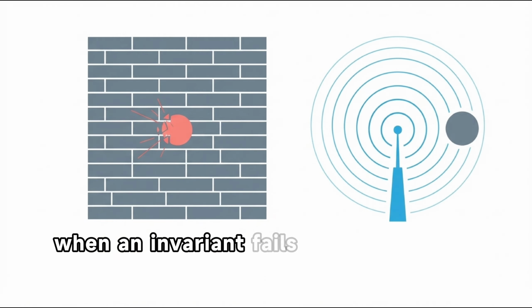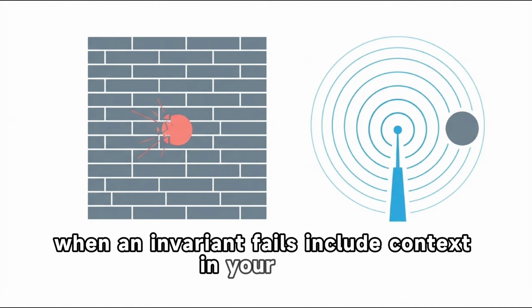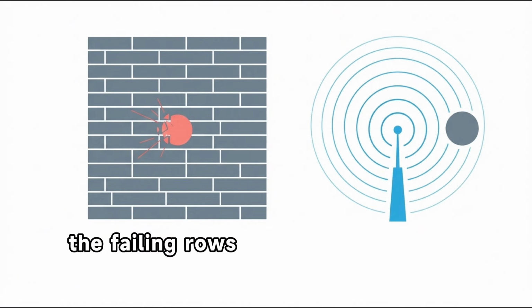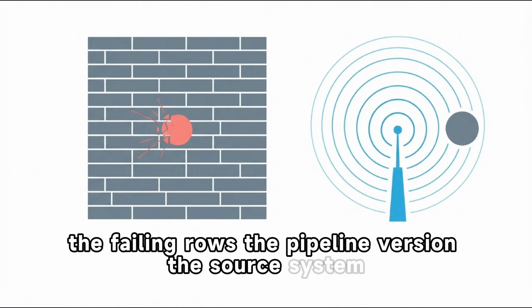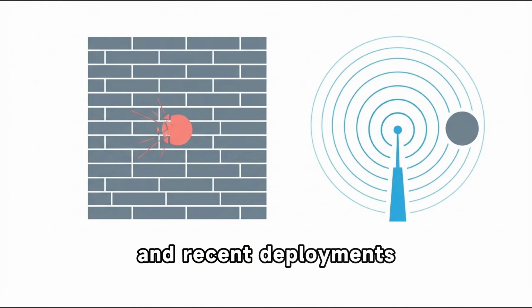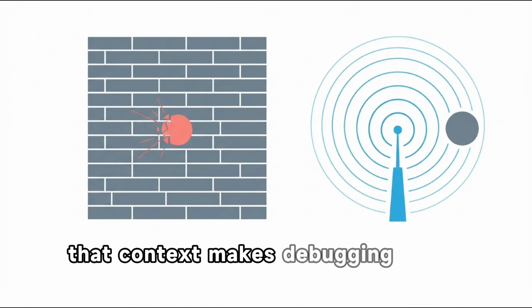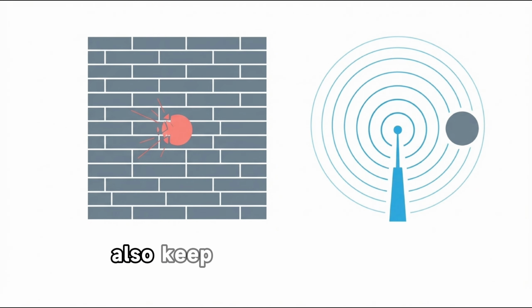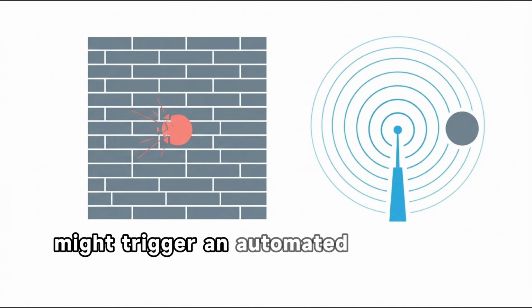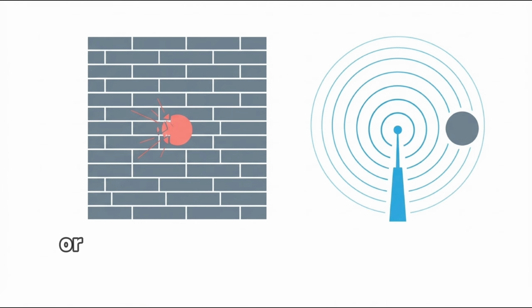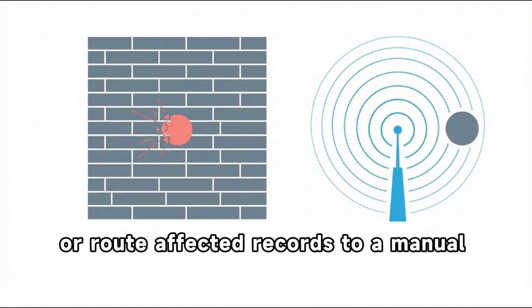When an invariant fails, include context in your alert. The failing rows, the pipeline version, the source system, and recent deployments. That context makes debugging faster. Also, keep a remediation path. For example, your alert might trigger an automated rollback of a deployment or route affected records to a manual review queue.